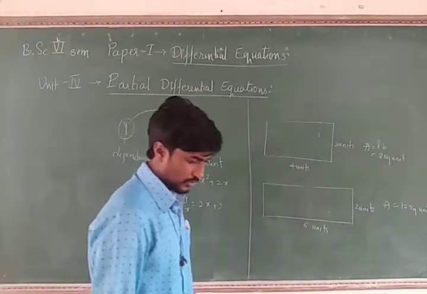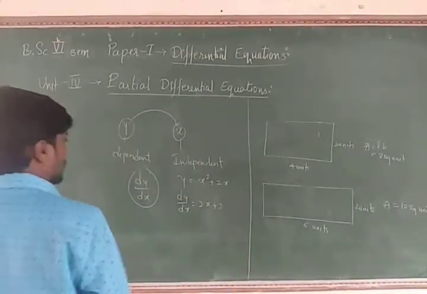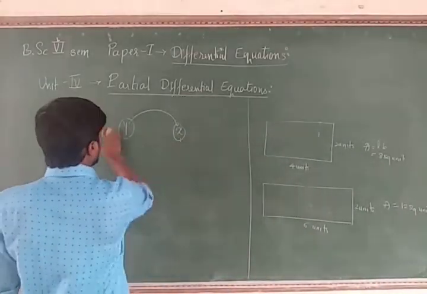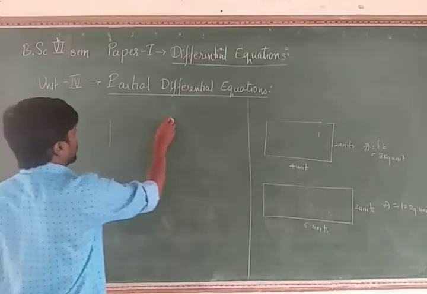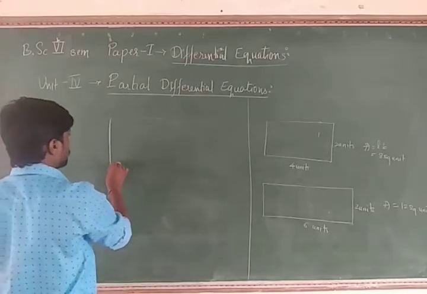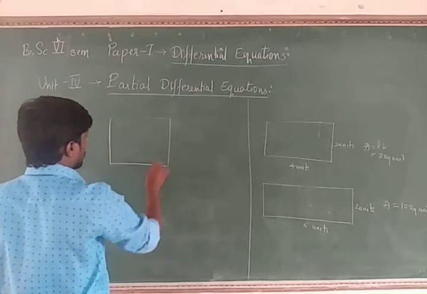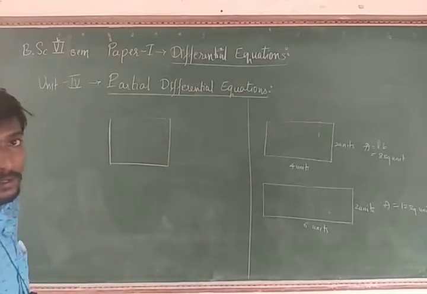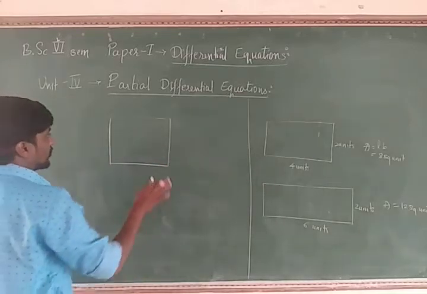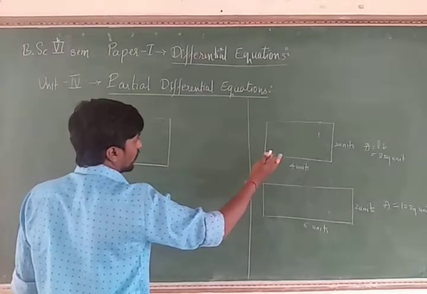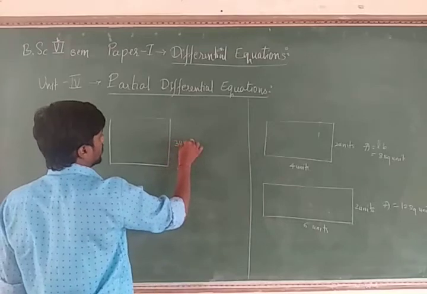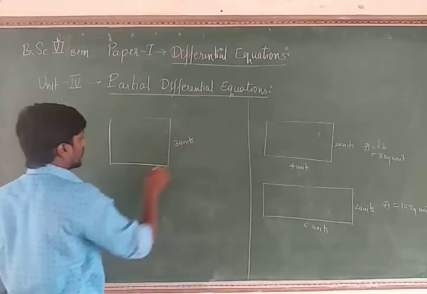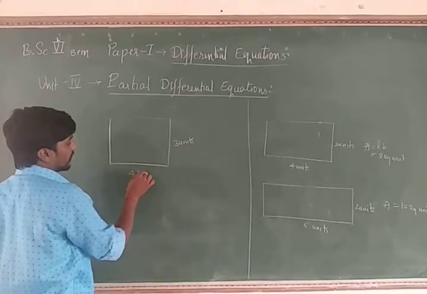Is that clear? Now I will take another similar example. Here I am changing the breadth to 3 units and keeping the length as 4 units.